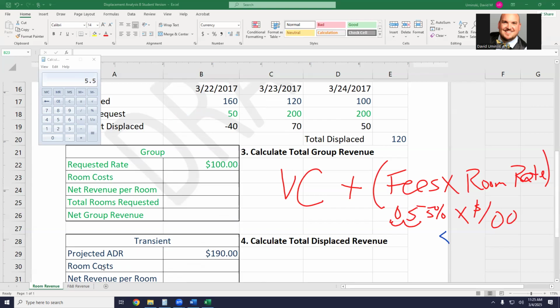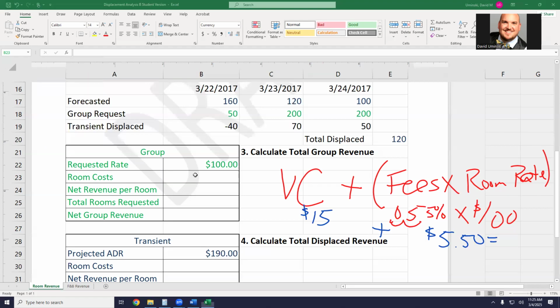So this is $5.50. And what is my variable cost? $15. Add these two numbers together. $20.50. So my room cost me $20.50 to clean it.